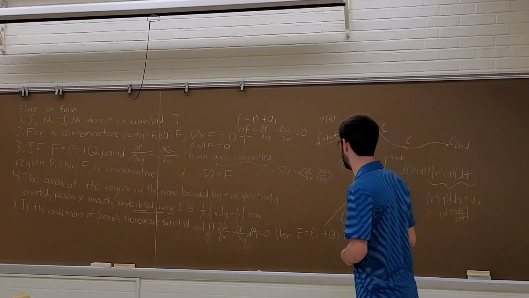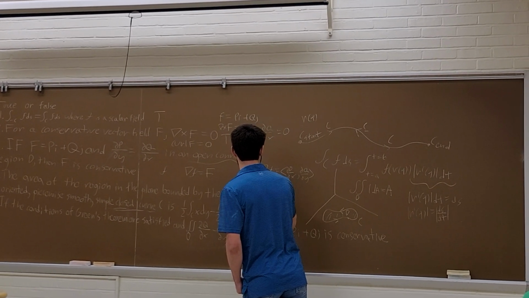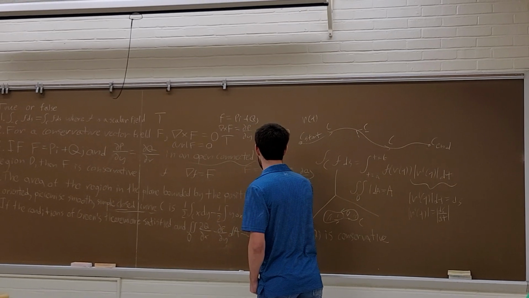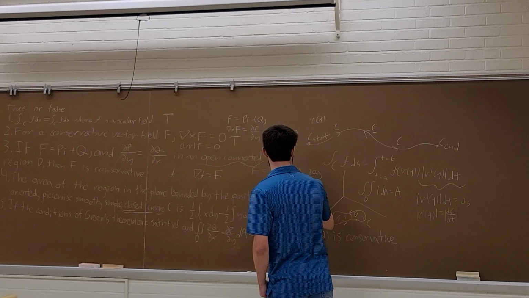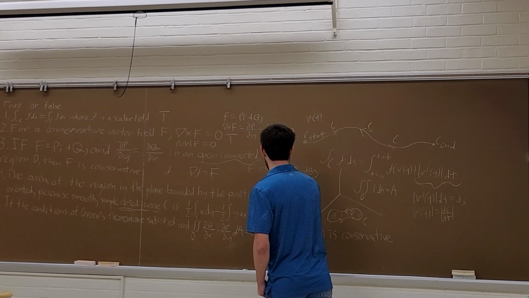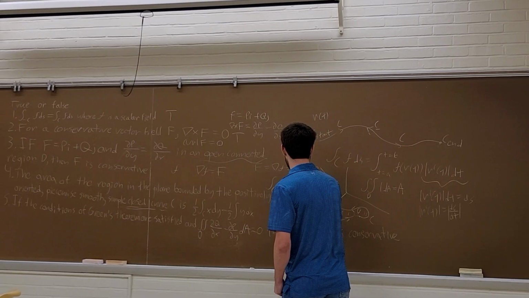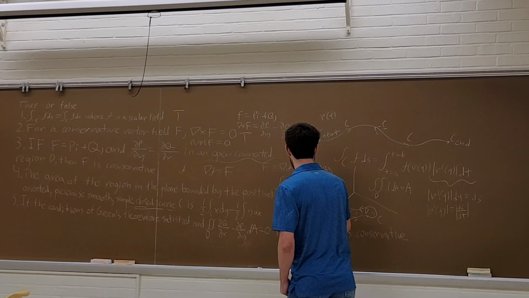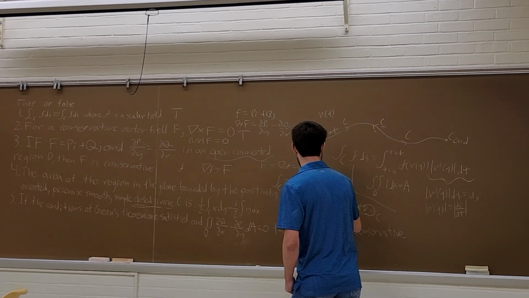And we know through Green's theorem that you have the line integral over a curve C of P dx plus Q dy is equal to the double integral over the region D of dQ dx minus dP dy dA.